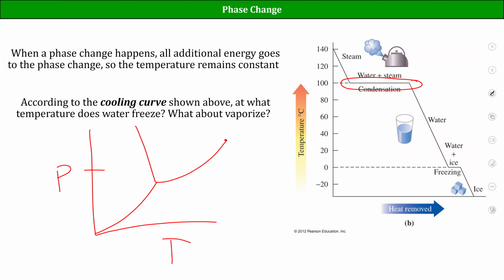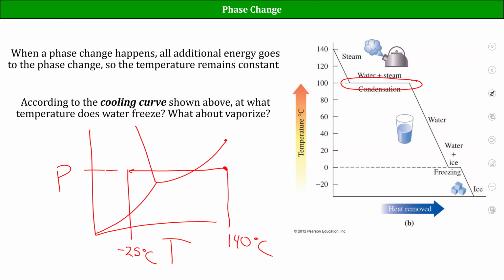Remember, if we're saying this is 1 atmosphere pressure, we're basically starting over here, dropping the temperature, and ending at minus, call it minus 25, when we started at 140 Celsius.